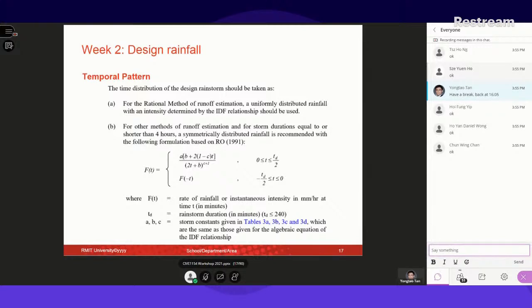And for other methods of runoff estimation, for storm duration shorter than 4 hours, symmetrically distributed rainfall is recommended with the following formulations.